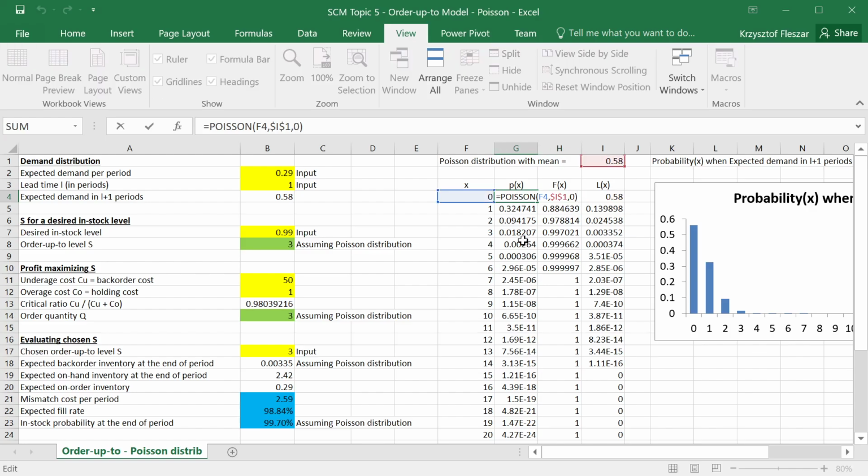So here there is Poisson for X with the mean mu in L+1 periods, and 0 means that this is just a probability, and here it's the cumulative distribution function. So we can see that the calculation for X equal 2, or S, right, this could be S as well, is 0.978, so it's too low, but for S equal 3, it is high enough.